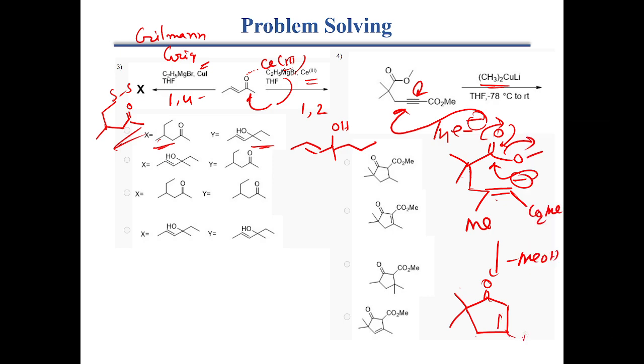Methyl, CO2Me. So the right answer will be option 2. I guess this is clear. First, methyl undergoes 1,4 attack because of the copper reagent. Then this negative charge directly reacts with the carbonyl compound, giving this cyclopentanone.